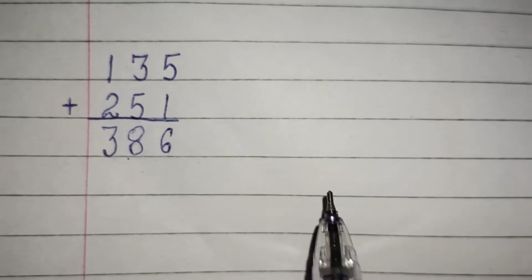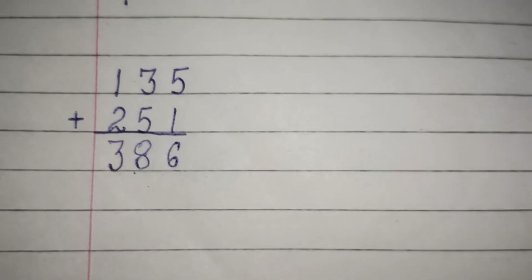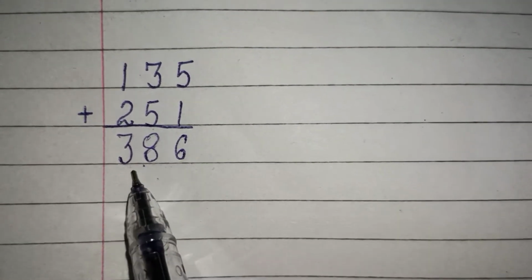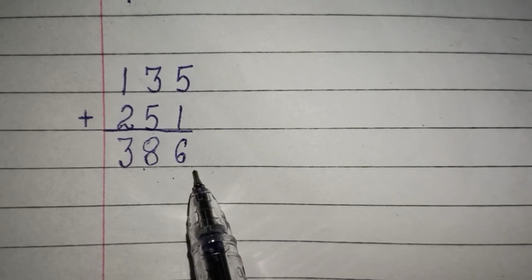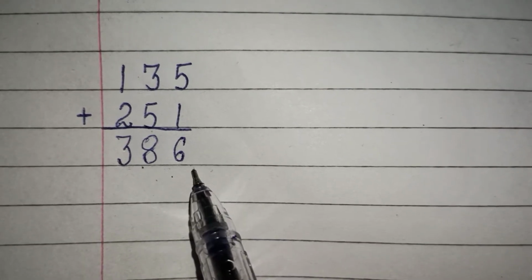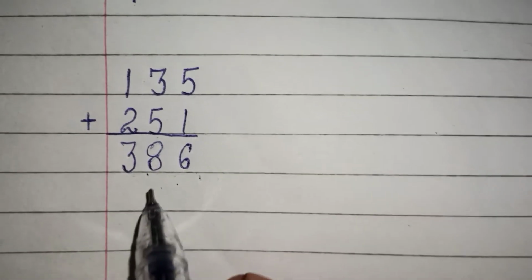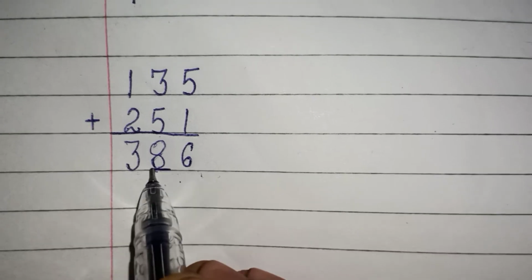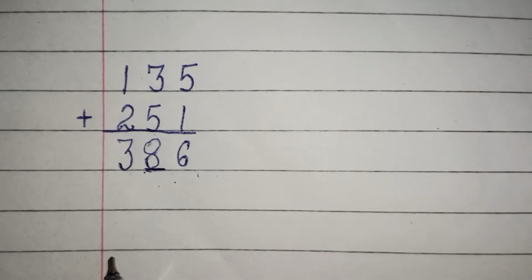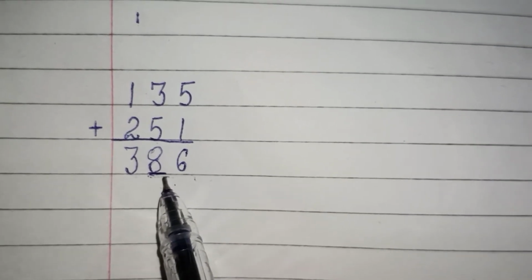Children, now we will round this number to the nearest hundreds. As I have already taught you the method of rounding numbers to the nearest tens and hundreds and estimating the sum, children, please pay attention once again. 386. When we round off a number to the nearest hundreds, we look at the digit in the tens place. Which number is in the tens place? 8.